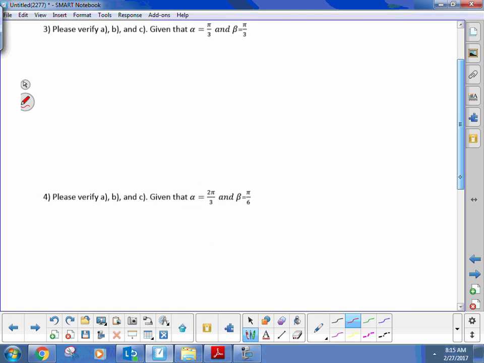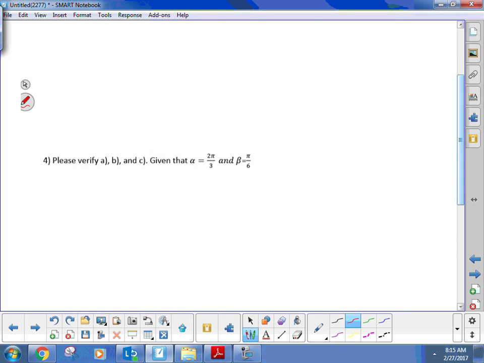All right, so in this case, we're going to go ahead and find out what sine of 2 pi over 3 minus pi over 6 is. And this one's a little bit more involved because we have to get a common denominator. So I'm going to multiply 2 top and bottom, and this produces 4 pi over 6 minus pi over 6.